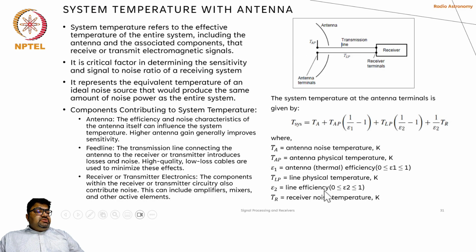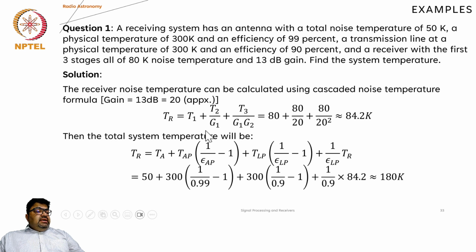So we use that same formula. All three are 80 Kelvin and all the gains are 13 dB. 13 dB gain on a linear scale is approximately 20. So 80 plus 80 by 20 plus 80 by 400 is equal to 84.2 Kelvin. You can try.